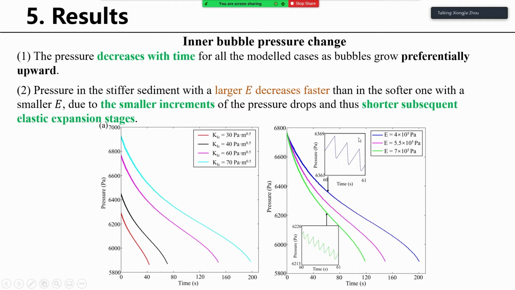With a smaller E, due to the smaller increment of the pressure drops, as we can see from the two insets, there are thus shorter subsequent elastic expansion stages.